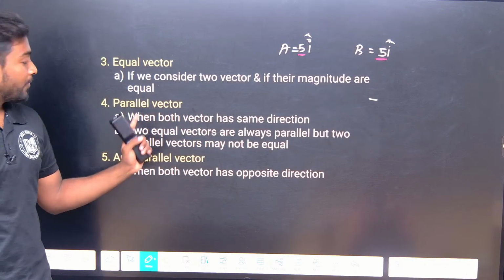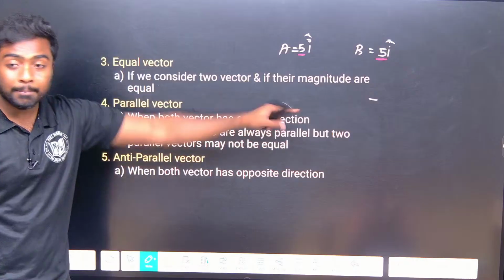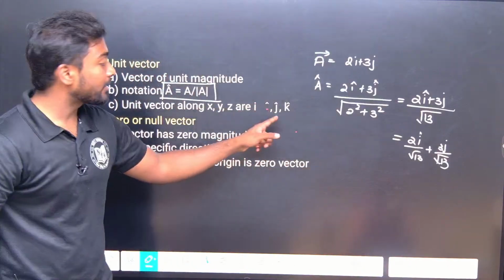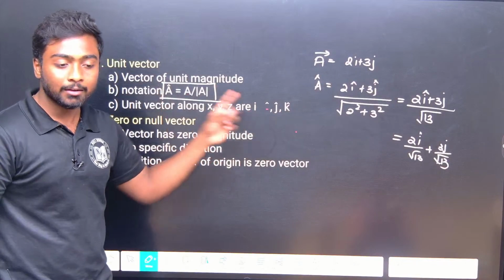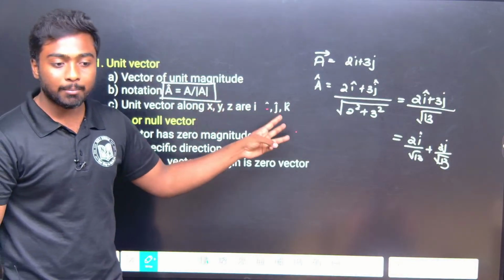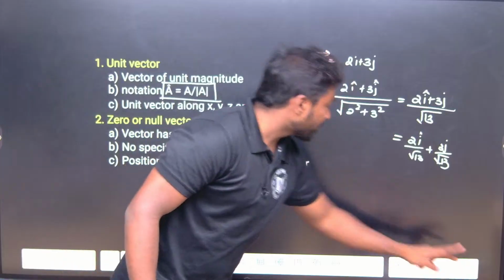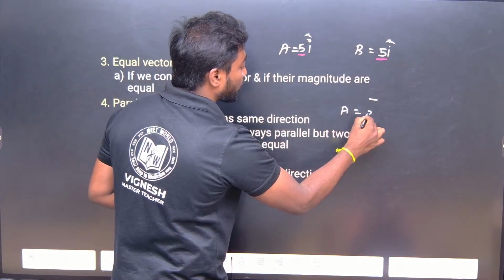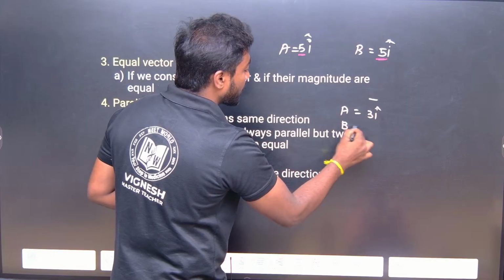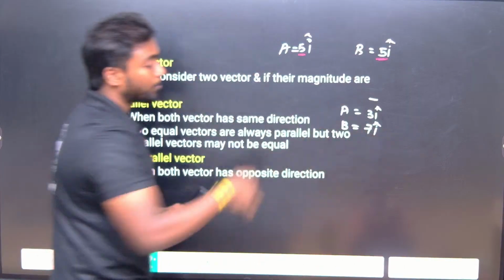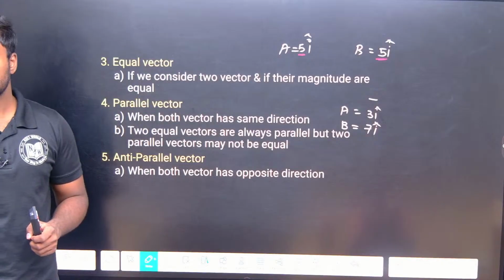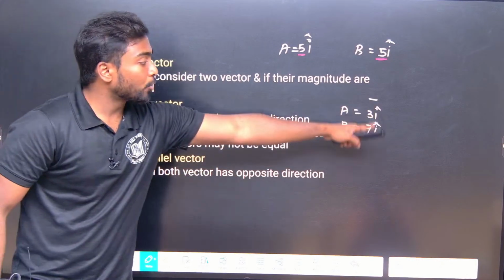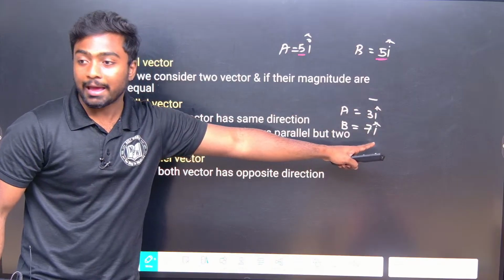Parallel vector: when both vectors have the same direction. Here we have seen i means x direction, j means y direction, k means z direction. If I write A is equal to 3i cap, B is equal to 7i cap, are both parallel vectors? Yes, because both are in the same direction, the x axis.